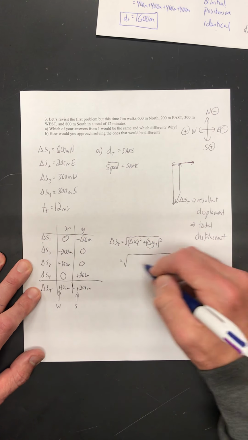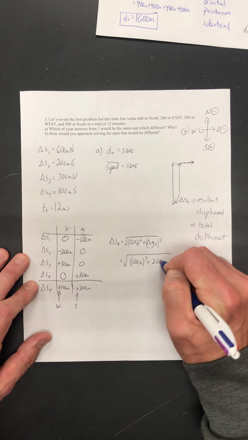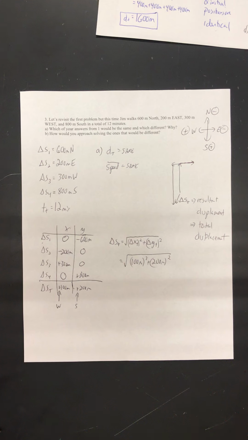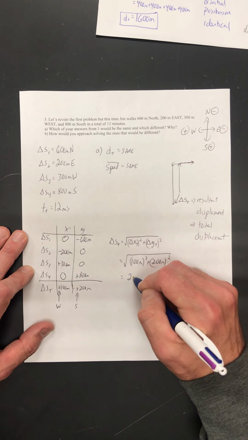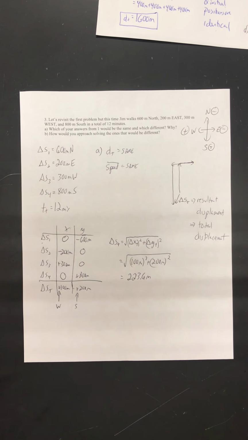And so plugging that in, I get the square root of 100 meters quantity squared plus 200 meters quantity squared. We should get a result of 223.6 meters.